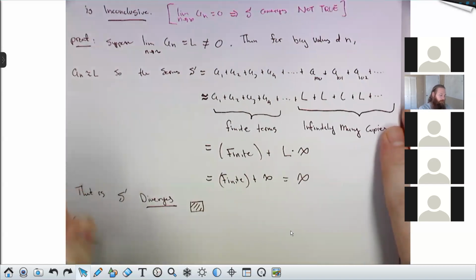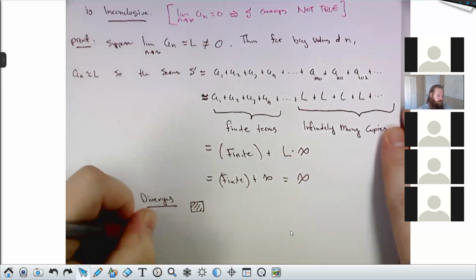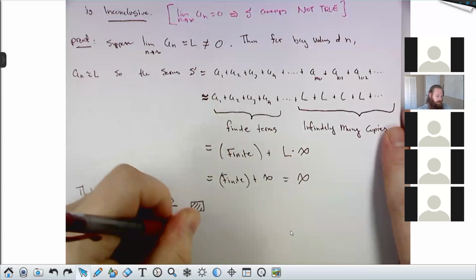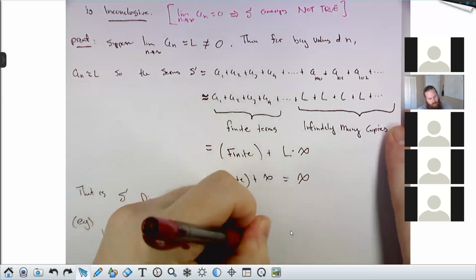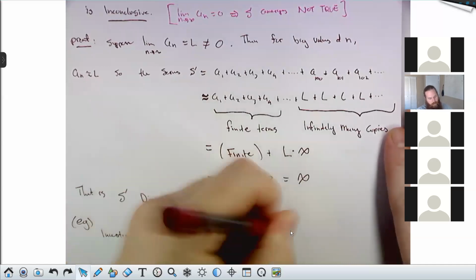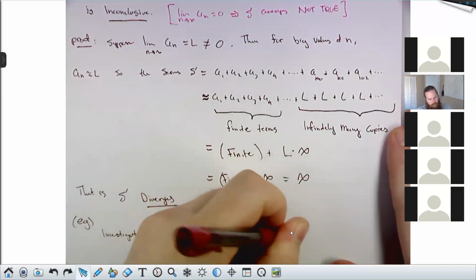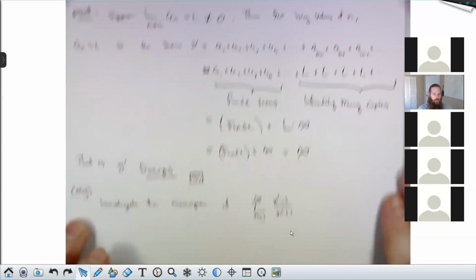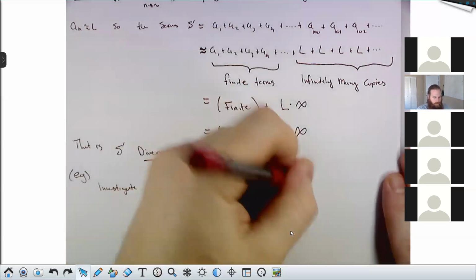One example here, we could investigate the convergence of the series sigma n from 1 to infinity of (n squared minus 1) over (n squared plus 1). So what does this look like?